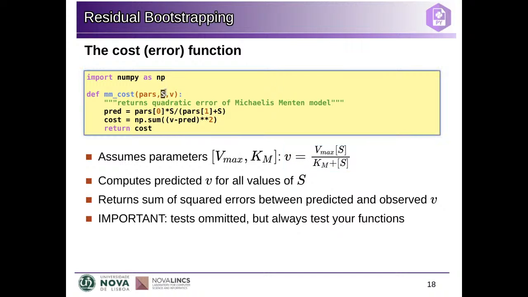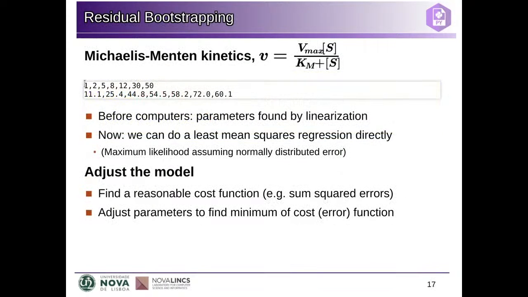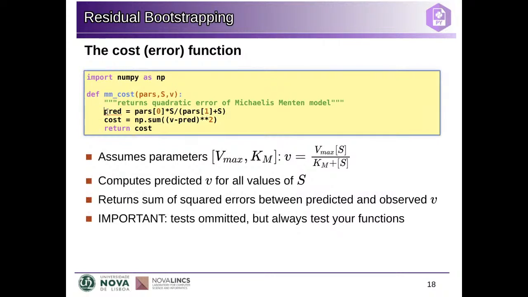So this S is an array of the concentrations, for example, this array here. And this V will be an array, this pred here will be an array of the initial velocities predicted for all these concentrations. We multiply the Vmax by S, so Vmax is the first parameter here, and we divide this by Km plus X, Km is the second parameter.